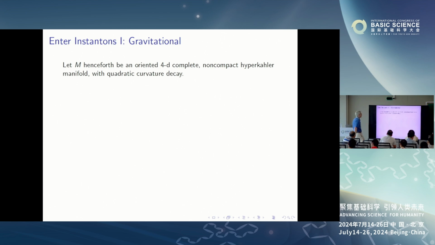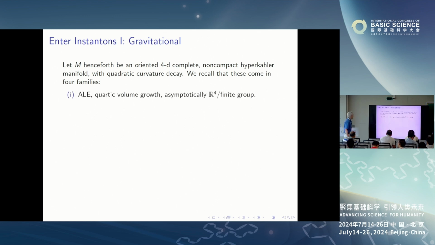Quadratic curvature decay comes up again and again in these situations. And for those of you who haven't done much geometry yet, hyperkähler means you have three complex structures, a basis if you like, that interact the same way the unit quaternions I, J, and K do in terms of their actions. All right, so let's recall that these gravitational instantons come in four families.